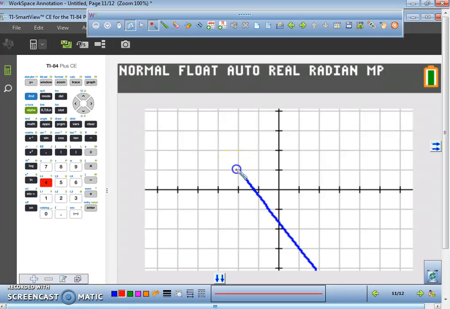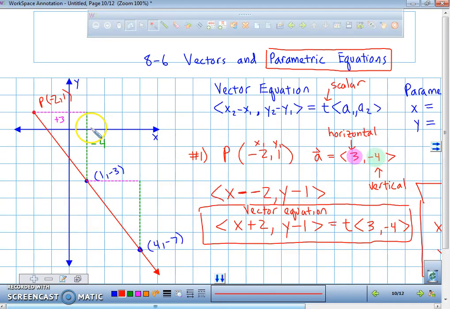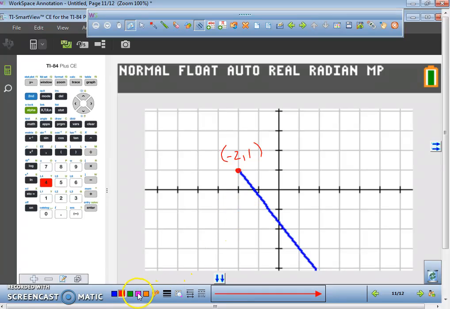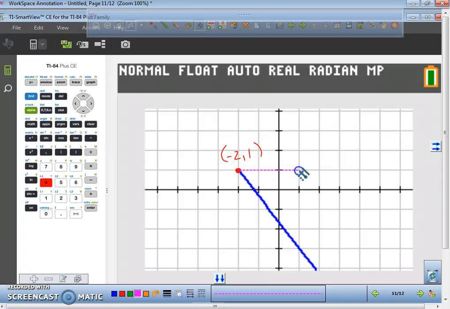Now, this point right here, what is the ordered pair for this point right here? -2, 1. What did we start at over here? -2, 1. Okay? What happens with the horizontal and the vertical? It goes over how many units to the right? It goes over 3, and it goes what? Down 4.